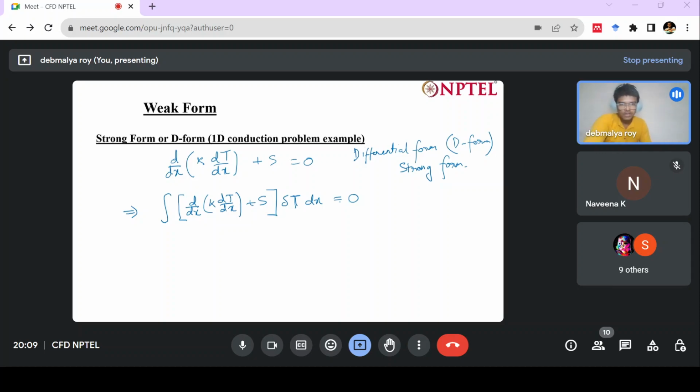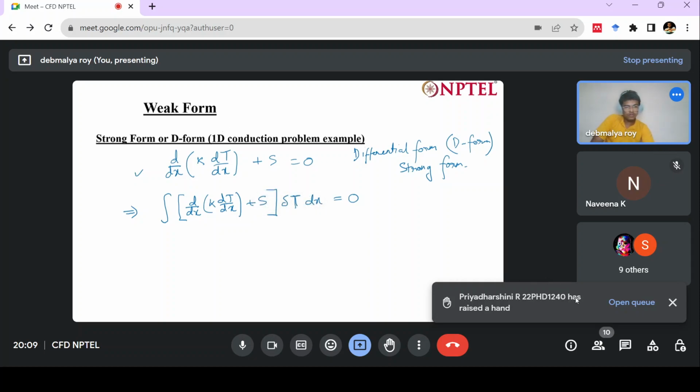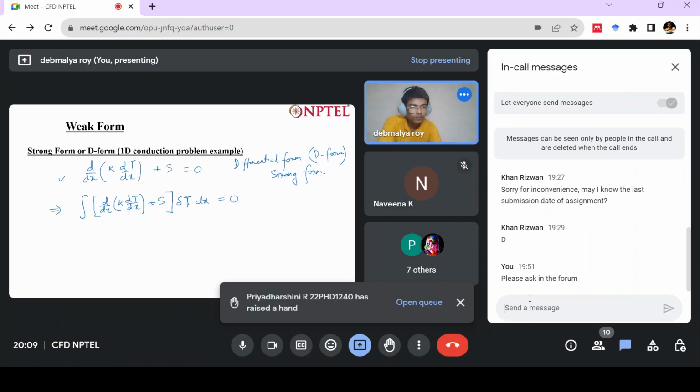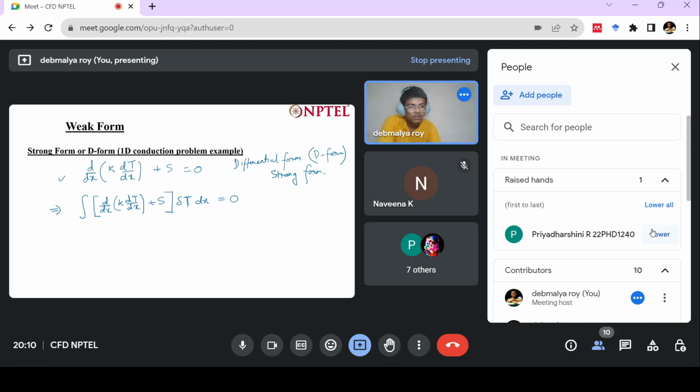However, there is a difference between this statement and this statement. What is the difference? Someone is trying to speak, I guess. Priyadarshini, you may unmute and speak.